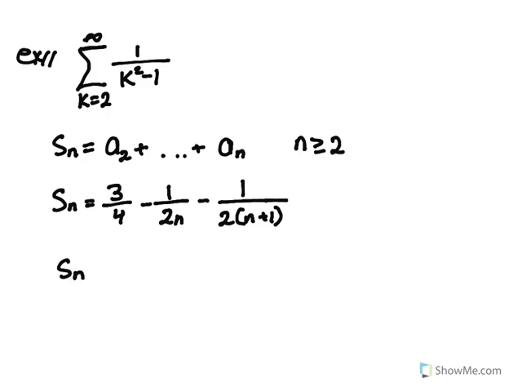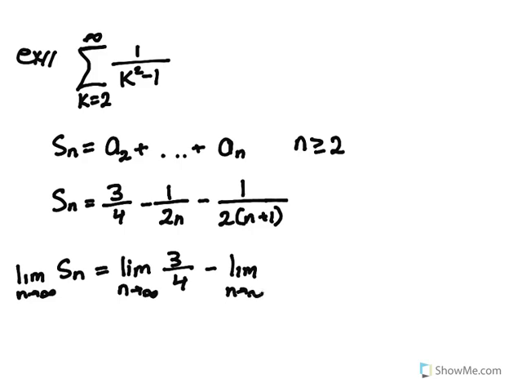So the limit as n goes to infinity of S_n is equal to, recall from the properties of convergence of sequences, we can split the limit amongst the different terms. So this is equal to the limit as n goes to infinity of 3/4, minus the limit as n goes to infinity of 1 over 2n, minus the limit as n goes to infinity of 1 over 2 times n plus 1.